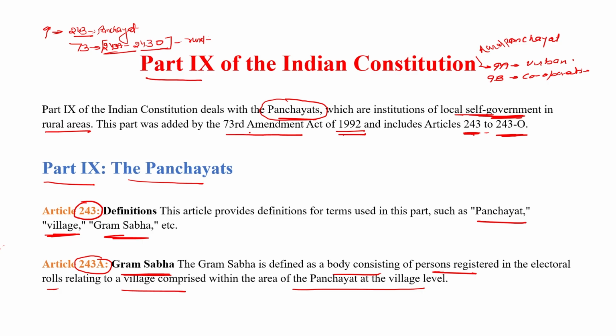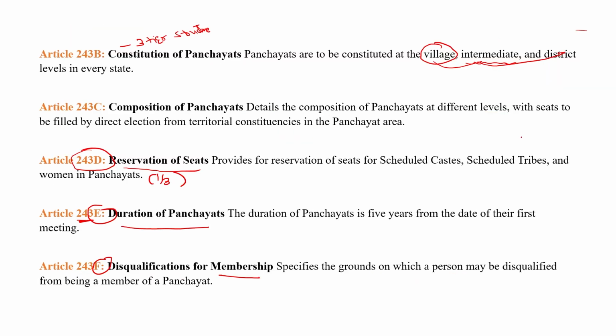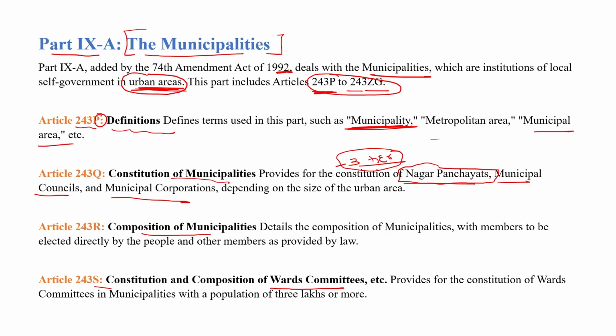An important amendment related to Part 9 is the 73rd Amendment 1992, and the articles are from 243 to 243O. Second, we discussed the municipalities, also a three-tier structure, given by the Balwant Rai Mehta Committee in 1957.